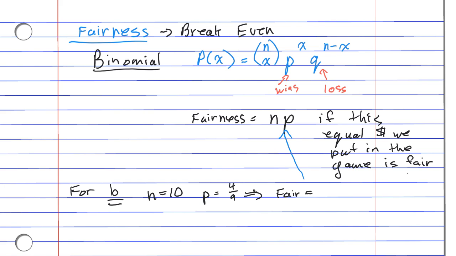So we're going to take N, which is 10, times 4/9, and you end up with 4.44. Oh my goodness. Is this fair? Now, let's see, is it?